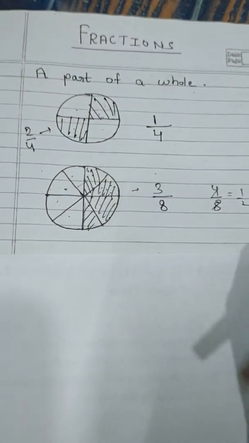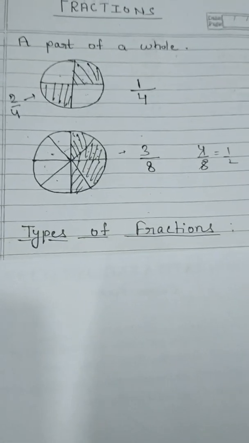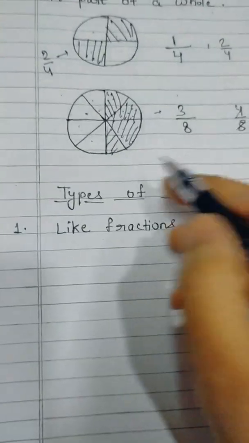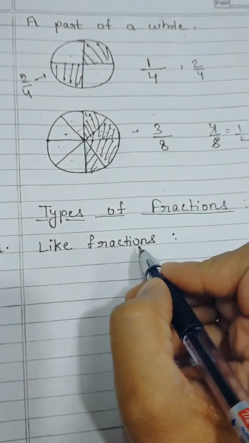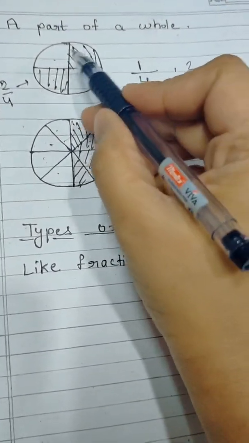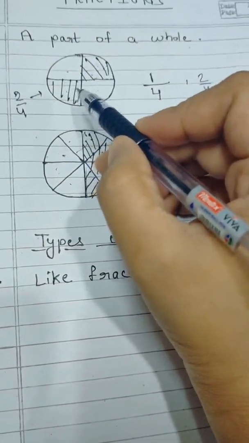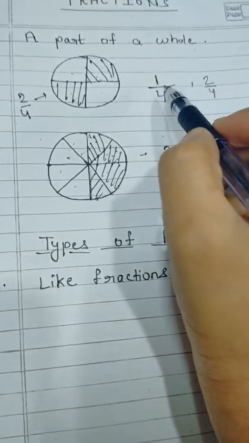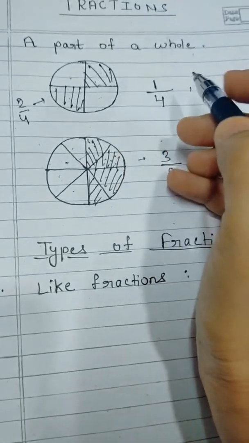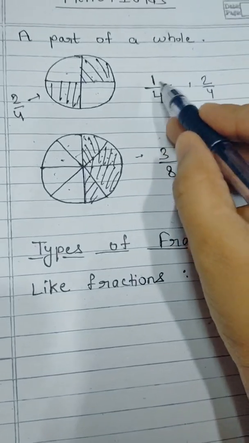Now we are going to discuss the types of fractions. First is like fractions. In the above example, I took a figure in which there are 4 divisions. The divisions are 4, but every time the number of shaded parts was different, so they had the same denominator but different numerators.